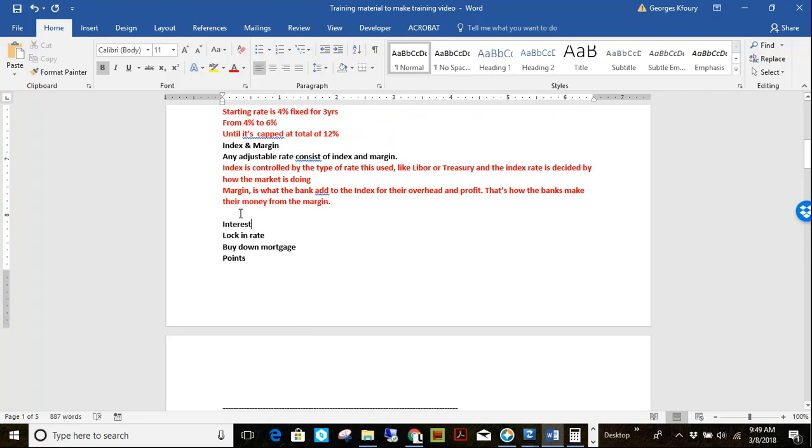Interest is the amount of interest paid throughout the loan, or paid monthly with the monthly payment.